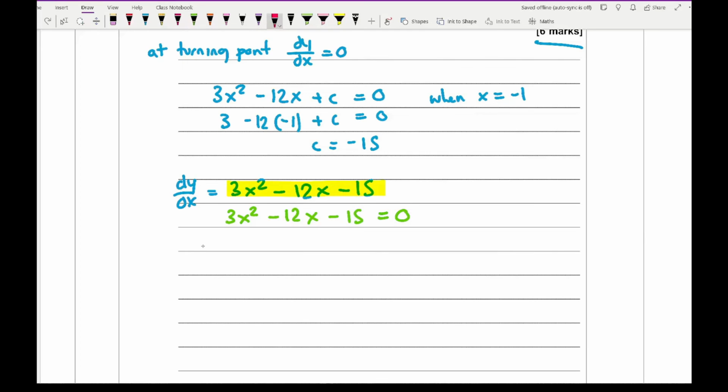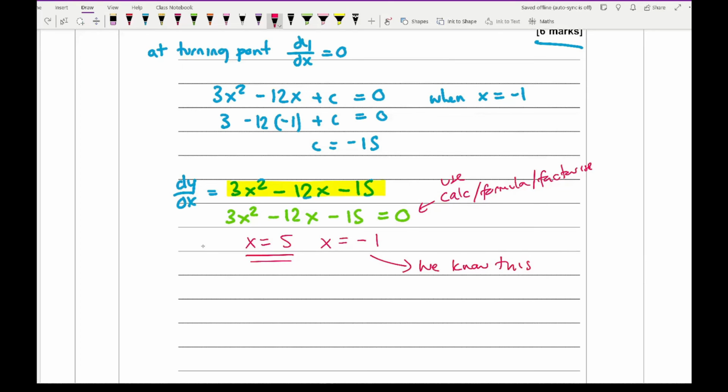I would say to use the calculator, save a bit of time. So use the calc or the formula, or by factorizing, in which we get two values: x equals 5 and x equals -1. We already know this turning point, so the one we need to investigate is when x equals 5.